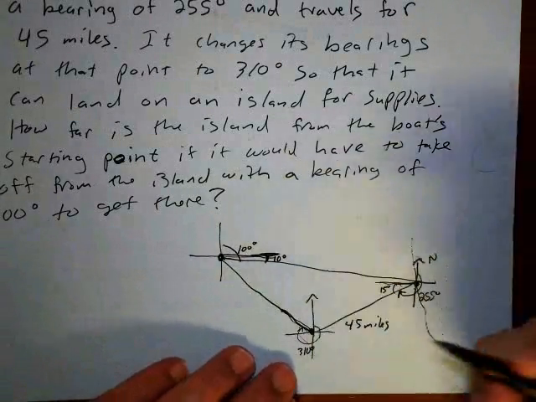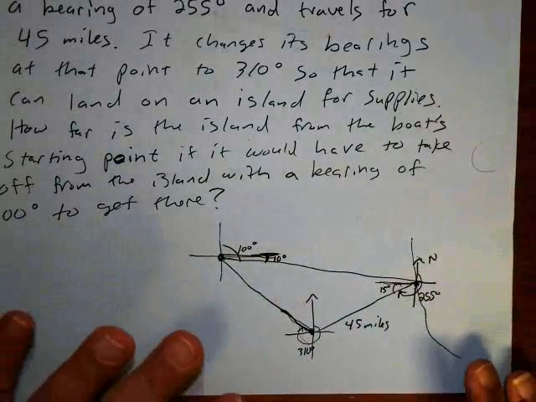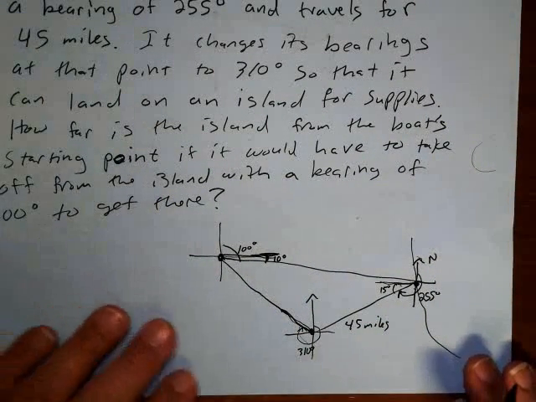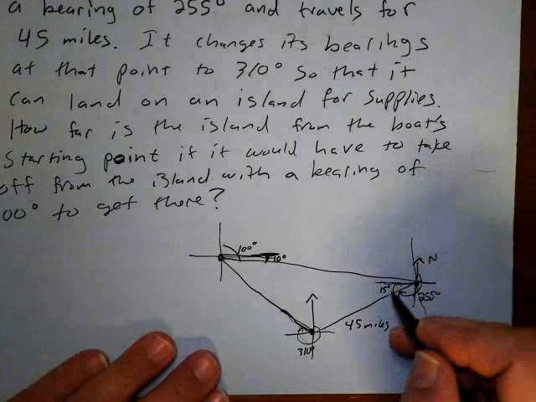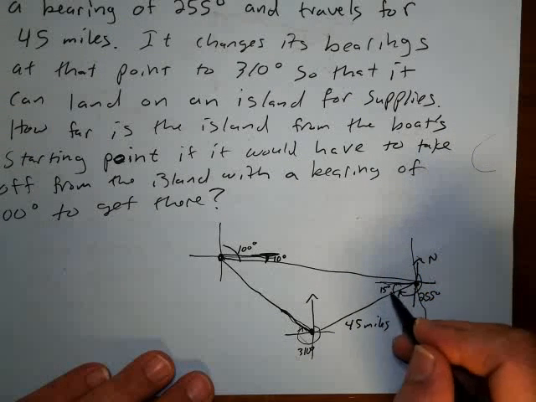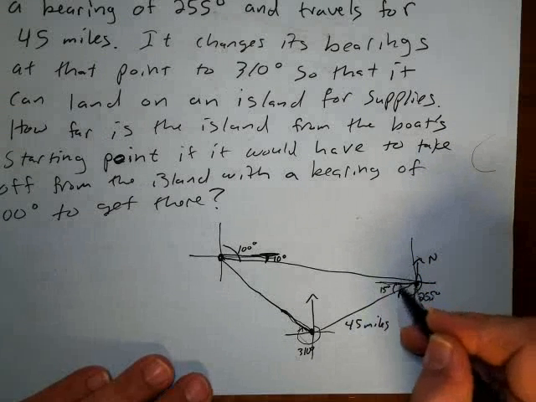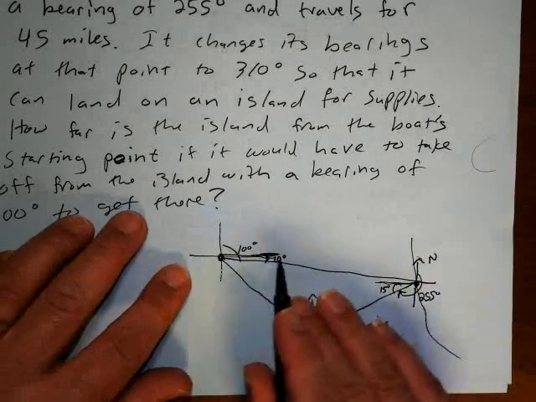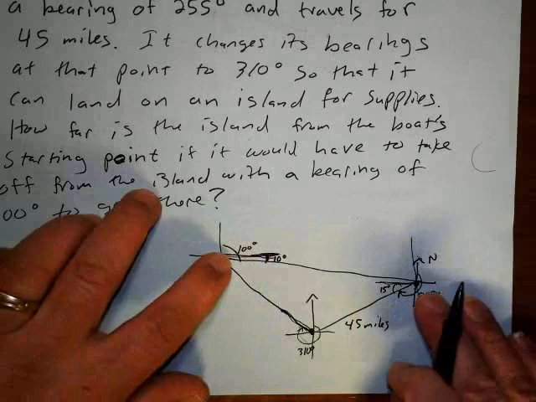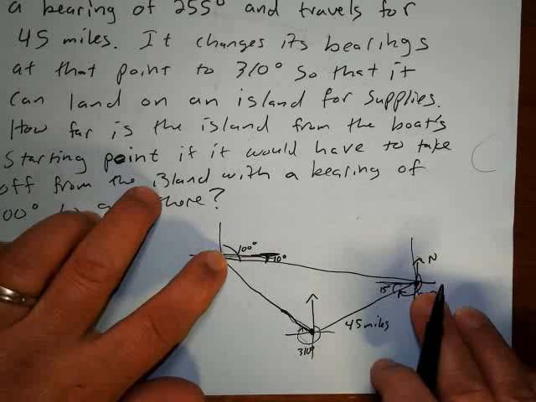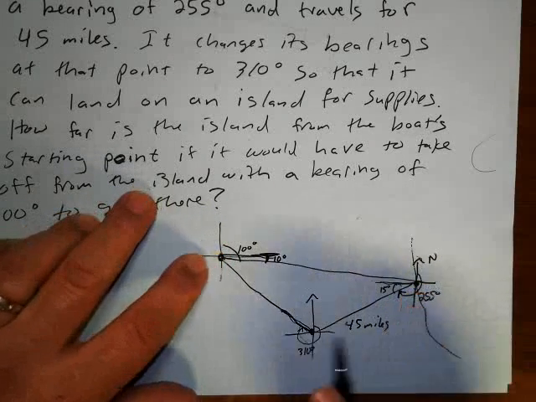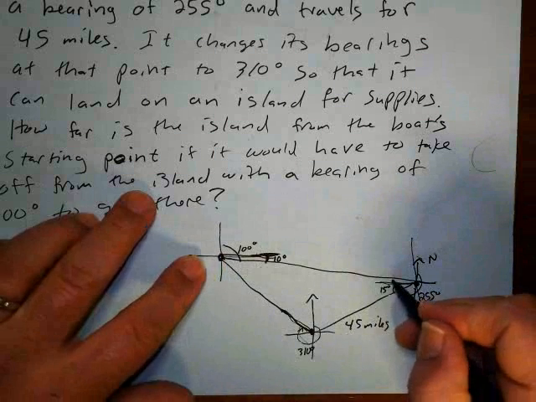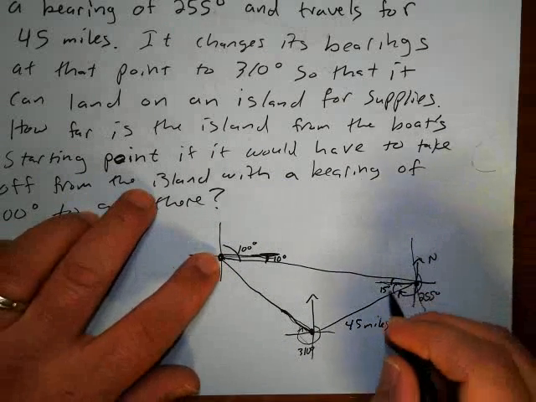Okay. And so you've got a whole bunch of information here. But we certainly can't assume that this angle is 15 degrees, right? But these two are both horizontal, so those are parallel. And so this 10 degrees and this 10 degrees, those are the same.